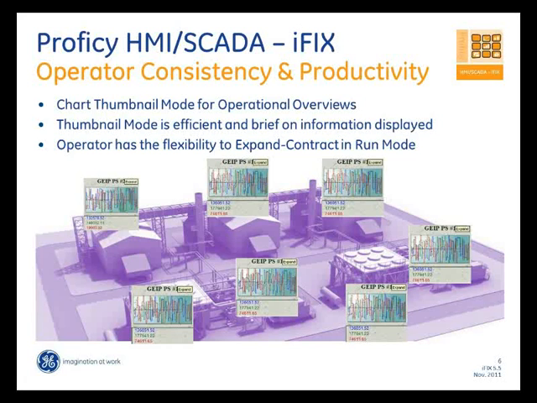Now, one of the special things about this thumbnail is the fact that once you put the chart into a thumbnail mode, based on the size of the thumbnail that you put on your graphic, it will go and access only that much amount of data, or that many samples for that pen, and put it on your chart. So it's a lot more efficient than having a full-fledged chart being compressed into a small screen size.